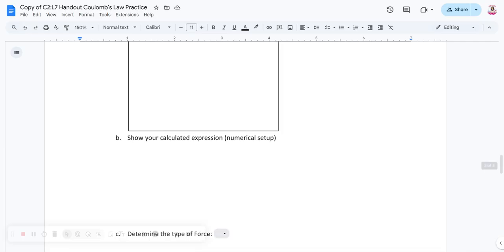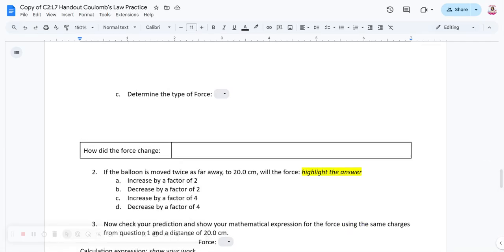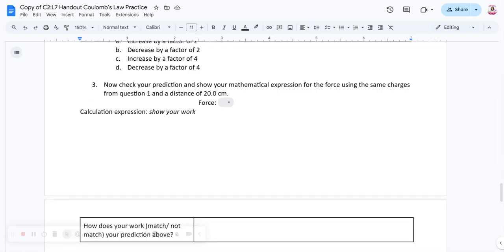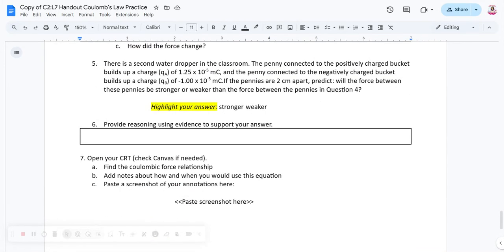As you're kind of working your way down, and then you can decide if it's attractive or repulsive, and then you can describe in words how the force changed, right? Every question further down, I'm sorry about the numbering, is using that same strategy. Make 2 scenarios, compare them, and then decide what is happening to your force. So you're going to do the same thing going forward.